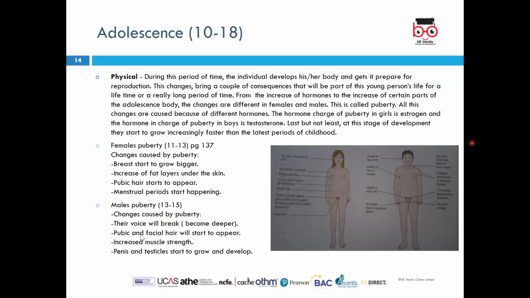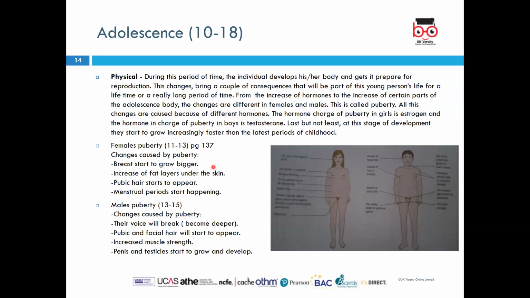So this figure here shows the female puberty that is mostly aged 11 to 13 years. The changes occur, like the breast tissues start to grow bigger. There's an increase in fat layers under the skin. The pubic hair starts to develop. Menstrual periods may start to develop as well.